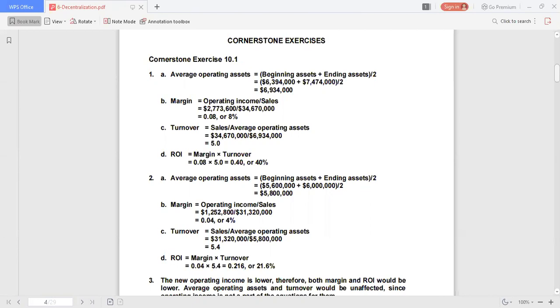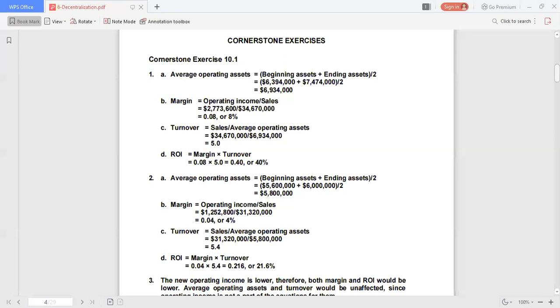Then for the margin, we divide the operating income by sales, or 4%. The turnover is taken by dividing sales by the average operating assets computed in letter A. So turnover is 5.4, and the ROI is taken by multiplying the margin times the turnover.